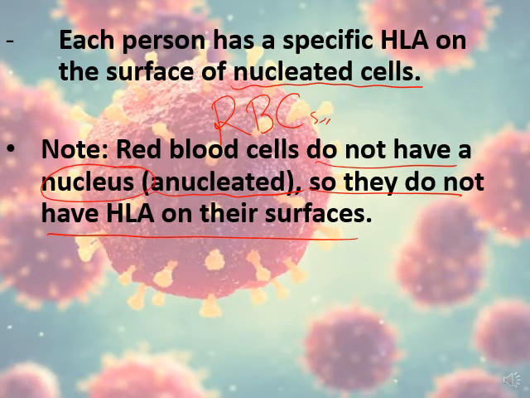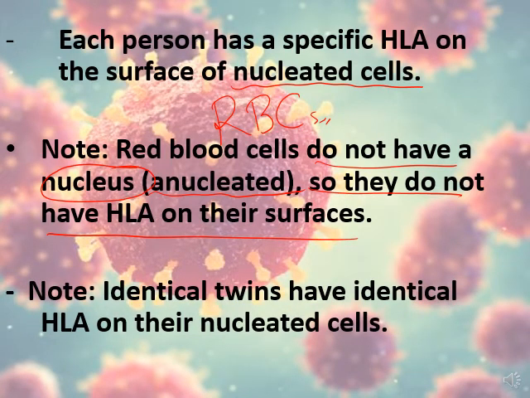So red blood cells, pay attention to this note, it's very important. They don't have a nucleus, so they don't have HLA, because HLA is found on the surface of nucleated cells. Also, identical twins, as I said before, have identical HLA on their nucleated cells.